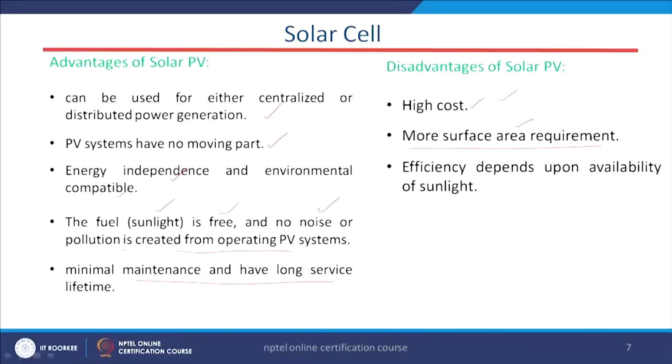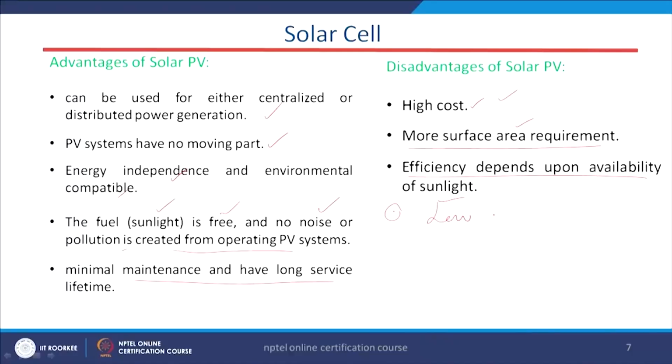So, for the generation of power using the solar cell, we need a large area. That is a more surface area requirement, and efficiency depends upon the availability of sunlight.